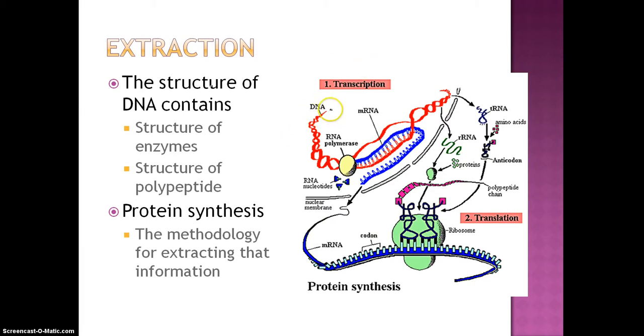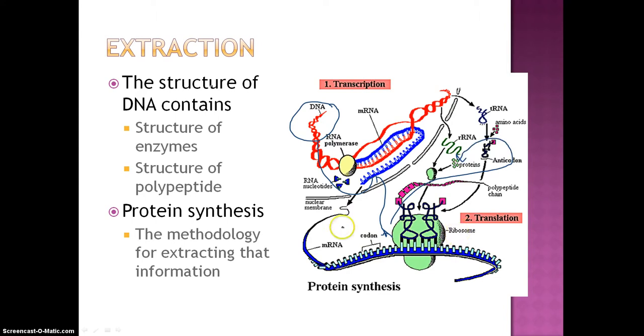And you can see over here on the diagram, here you've got DNA, all right? And this DNA becomes RNA, which then interacts with these structures called ribosomes, which then becomes a protein.